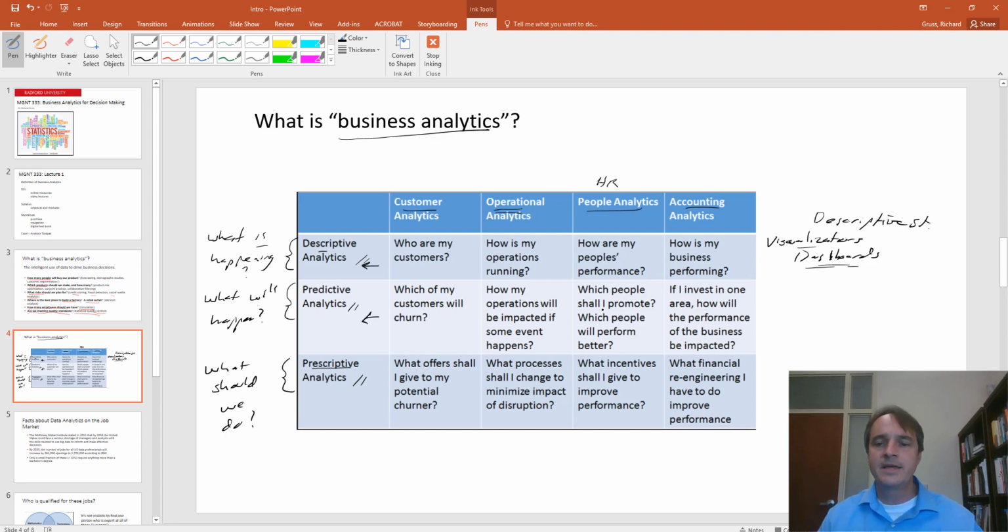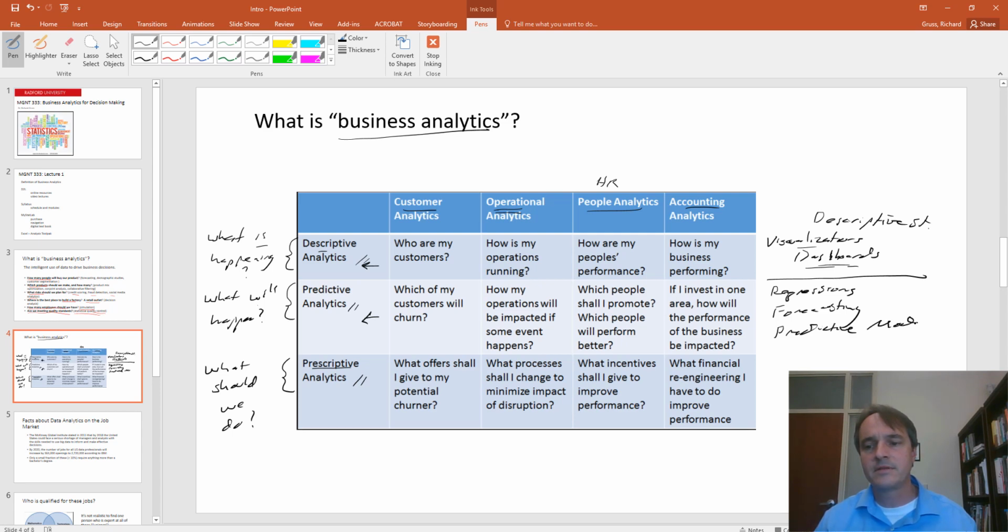Okay, so examples of predictive analytics, which we're also going to get into in the second half of the term. These will be your regressions and forecasting. And then there's a whole suite of predictive models. I'm just going to write predictive models here.